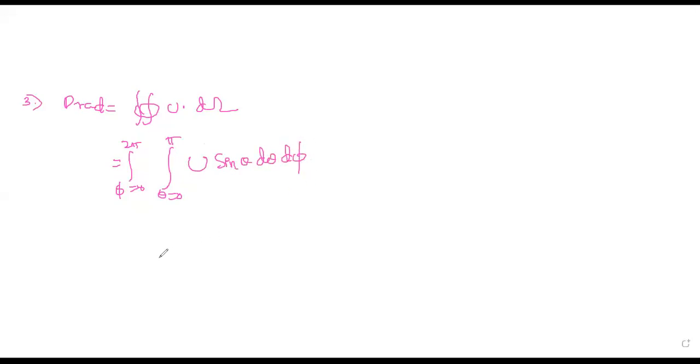Now substitute the U value that you have found in the radiation intensity. That is, theta is equal to 0 to pi, phi 0 to 2 pi. The U value is r cap a naught sine square theta into sine theta d theta d phi.